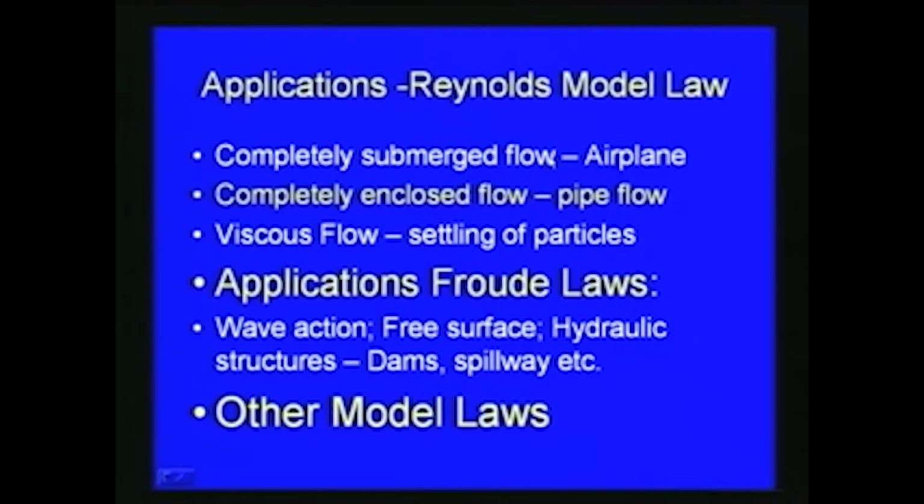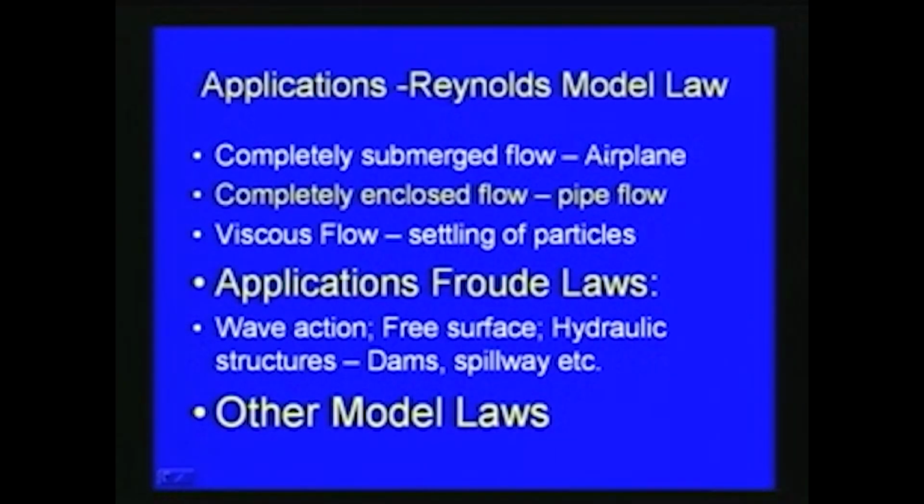If you are modeling, say, an airplane in the laboratory, we generally will be considering the Reynolds model law, and for a completely submerged airplane or torpedo, all these kinds of modeling we will be using the Reynolds model law.